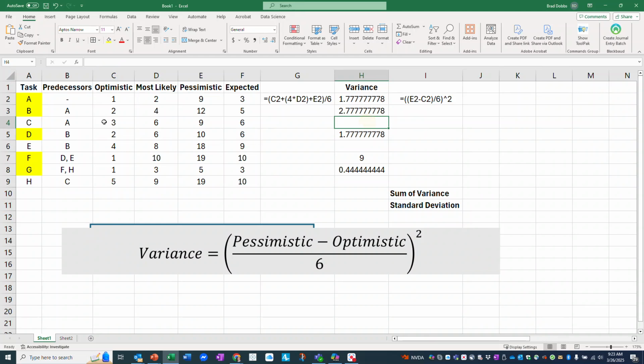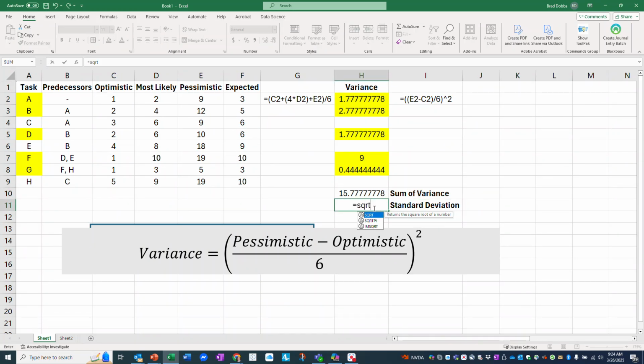I'm only going to use the ones for the critical path tasks. And I'm going to go ahead and sum my variances. Again, sum of the variances of only the critical path tasks. And then the standard deviation is the square root.